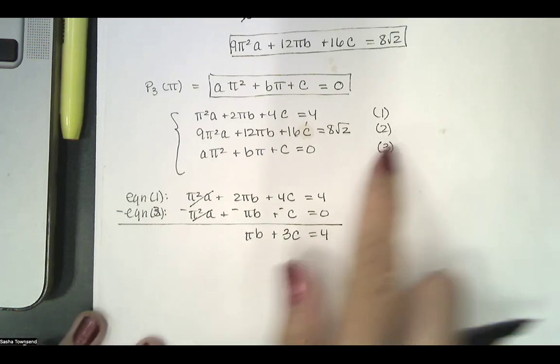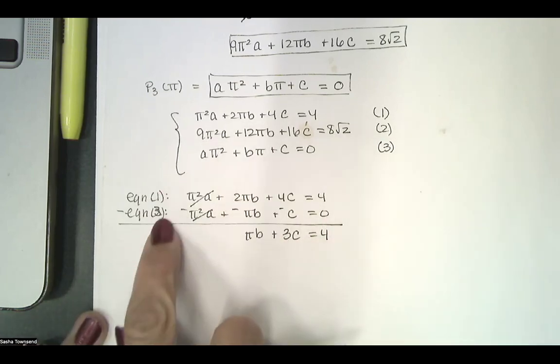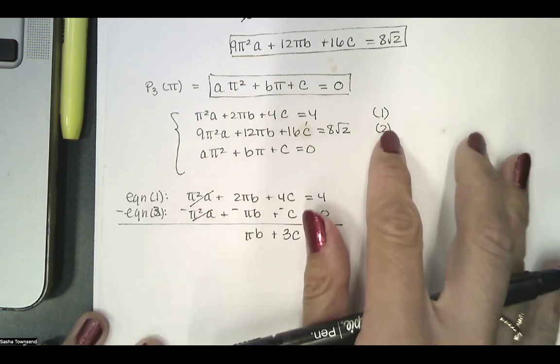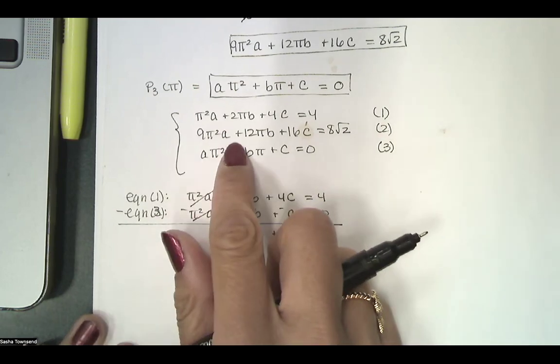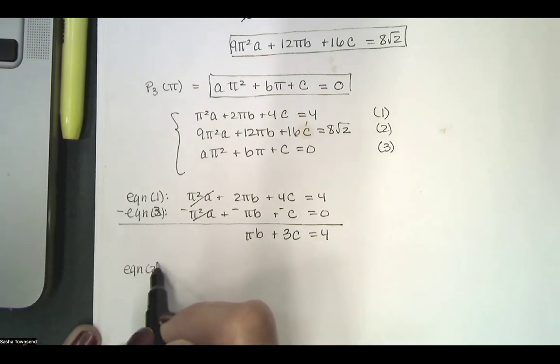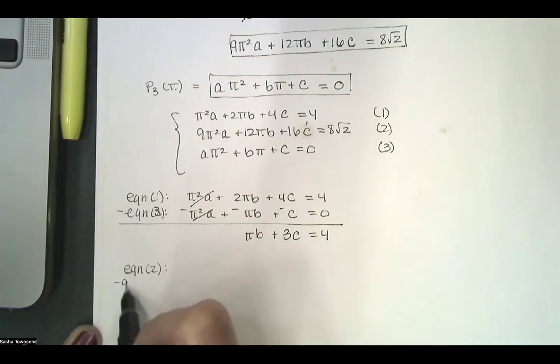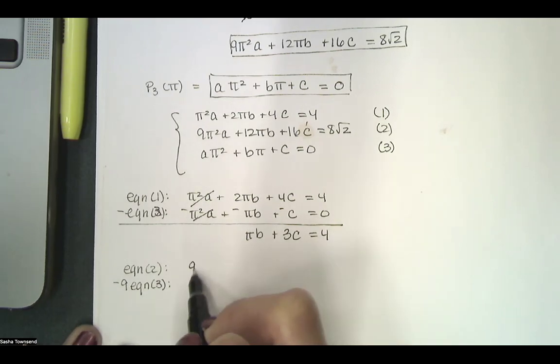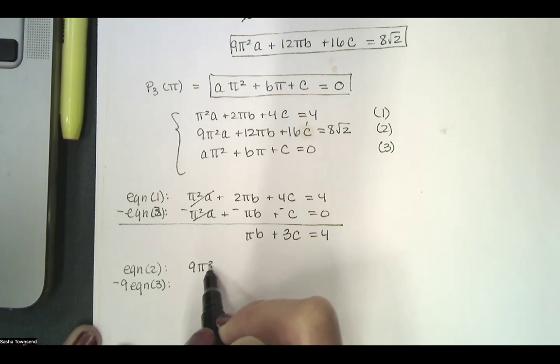And then you might say, okay, I've already used equation 1 and equation 3. So now I need to use equation 2, and it has that 9 pi squared in it. So I'll take equation 2, and I'll subtract 9 times equation 3. And so I'll just write down my equation 2.